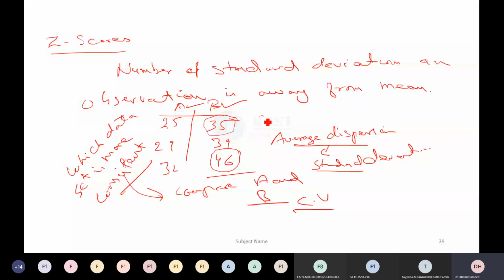Let's suppose the mean is 40, though I haven't calculated it. Then you can see that this is 5 units below the mean and this is 6 units above the mean. Because this is a single data set, it's possible.